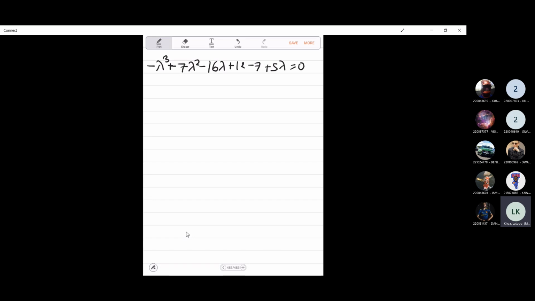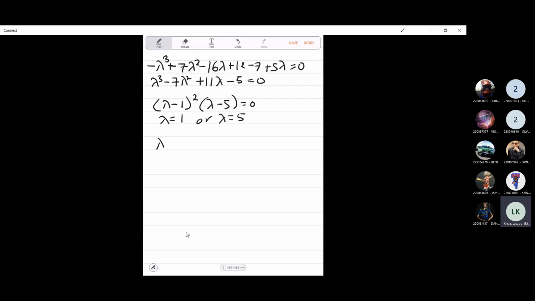And then this gives us lambda cubed minus 7 lambda squared plus 11 lambda minus 5 is equal to 0. Then we can factorize this. We get lambda minus 1 squared, lambda minus 5 is equal to 0. So lambda is 1 or lambda is 5. So those are my two eigenvalues.